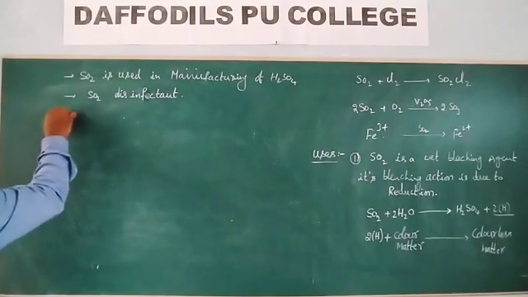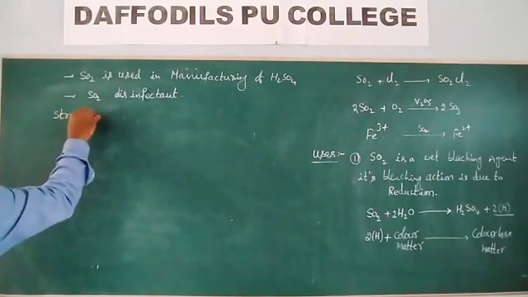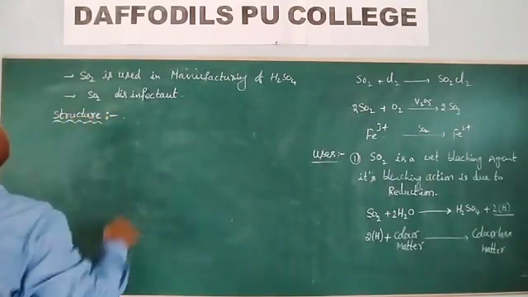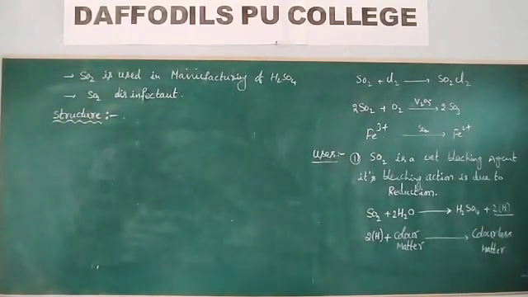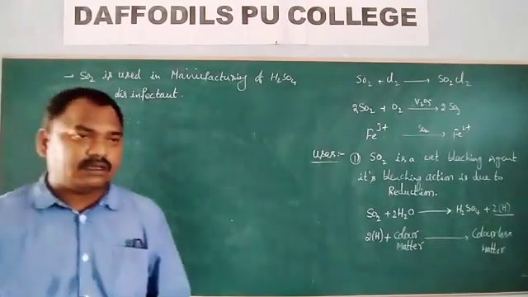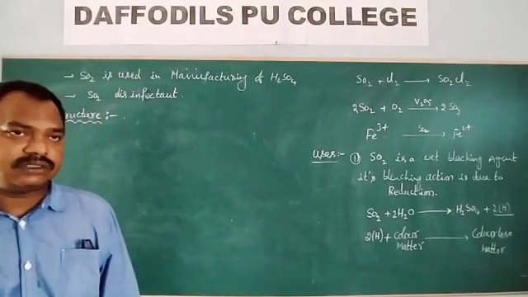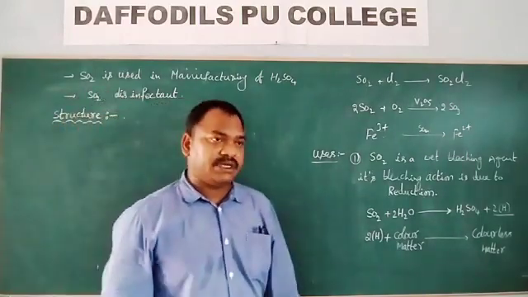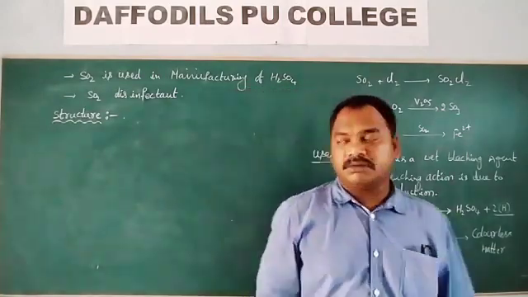Next, structure of SO2. What is the oxidation state of sulfur in SO2? This oxidation state is +4. The sulfur oxidation state is +4.